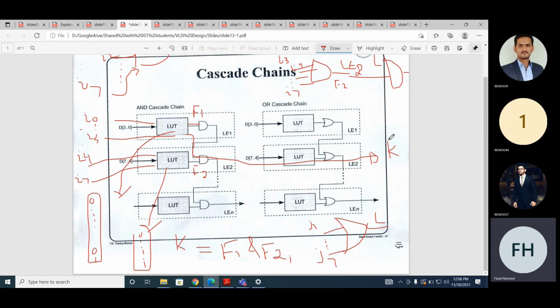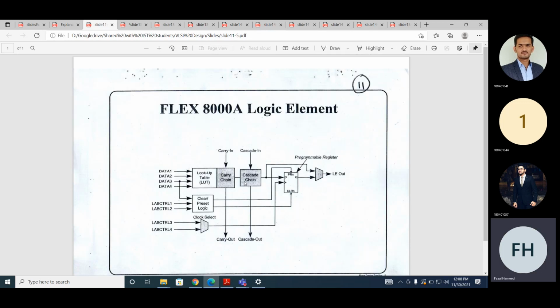No, it's not there. But if you look here, this is hidden. This is the cascade chain. How it is implemented internally, we don't know, but internally there will be some logic. Similarly, for cascade in and cascade out, there will be some internal logic.